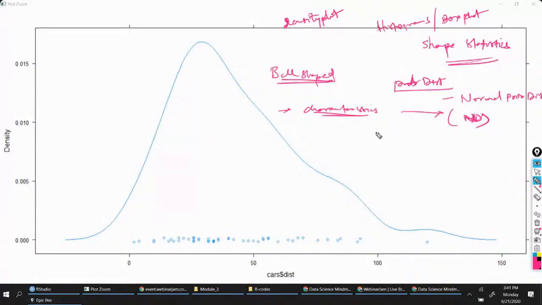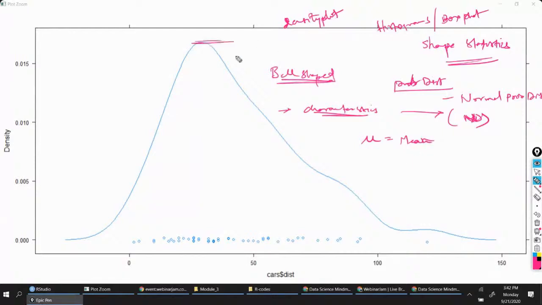important parameters. The first one is mean. Mean is the value which is the most popular one or most repeated one, right? Or the representative value.